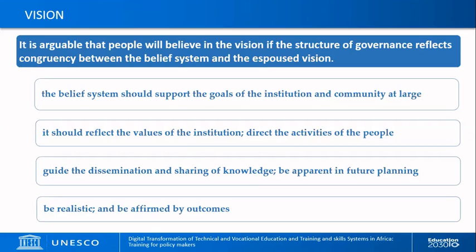The belief system, therefore, should support the goal of the institution and community at large. It should also reflect the values of the institution, direct the activities of the people, guide the dissemination and sharing of knowledge, be apparent in future planning, be realistic and be affirmed by outcomes.